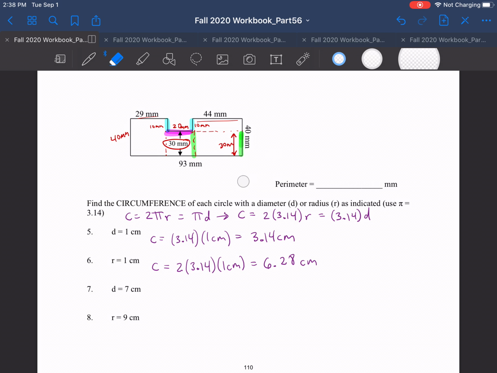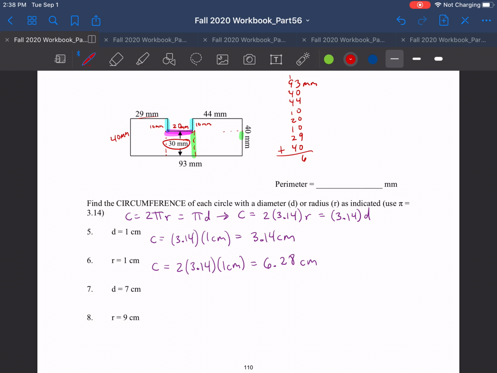Okay, so now it's just a matter of going through, oops, I shouldn't have deleted that one, 10 millimeters, and adding them all up. So we'll start with 93 millimeters, and then we'll add on 40, and then 44, and then 10, and then 20, and then 10, and then 29, and then 40. And we'll add these all up and see what we get. And 3 plus 4 is 7, 7 plus 9 is 16.